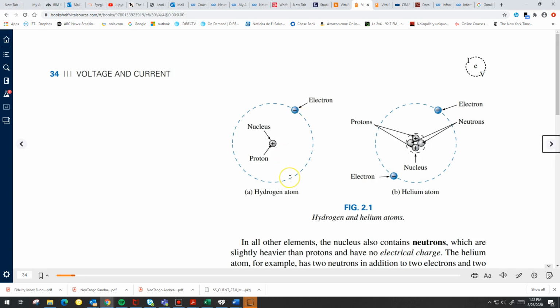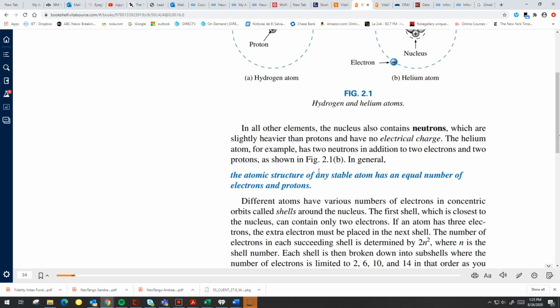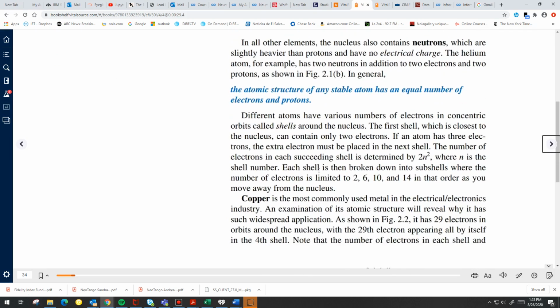So in this example of a hydrogen atom on the left, the electron is pretty tight, close to the proton, and it's just flowing around that area. So that's basically what you have in an atom, right?